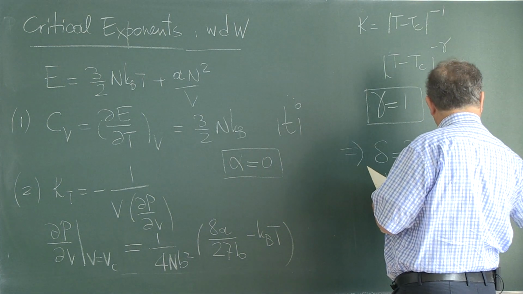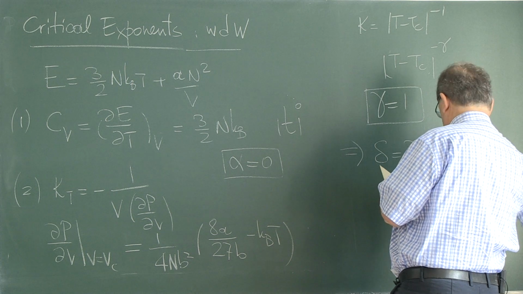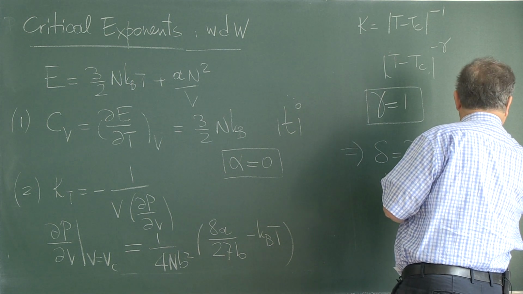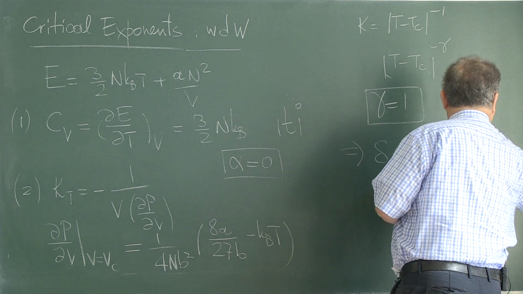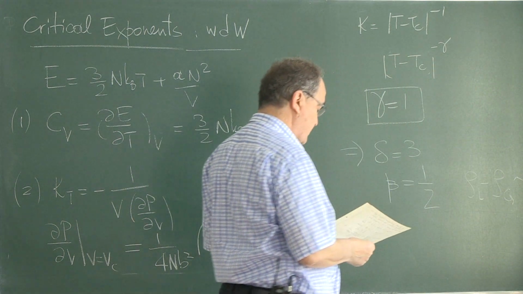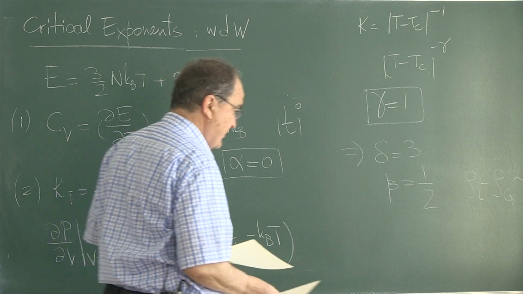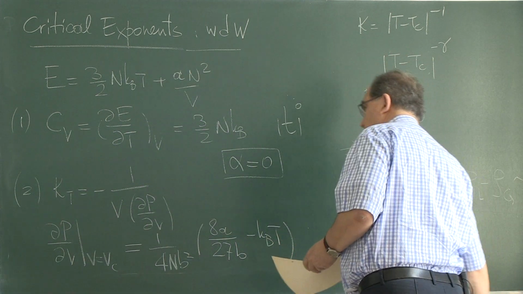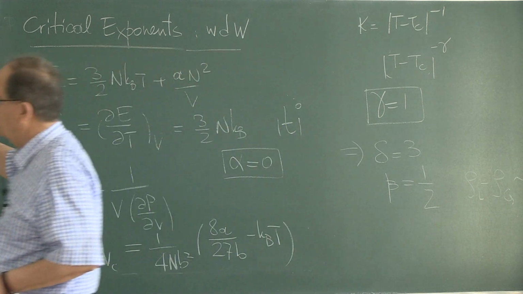This goes like Tc minus T to the power 1/2. It comes from there. So we can compare with the experimental values of these critical exponents.